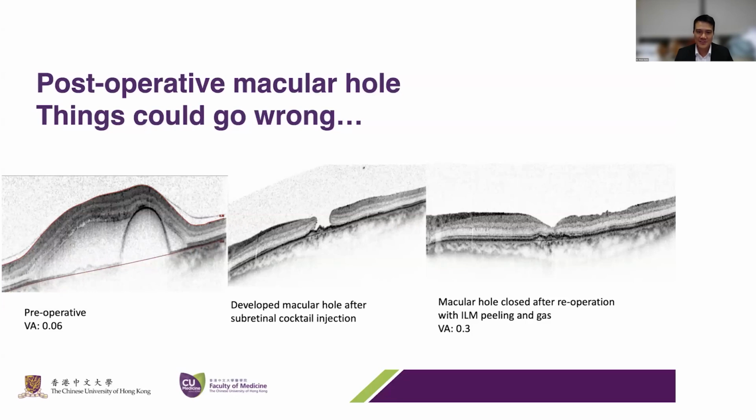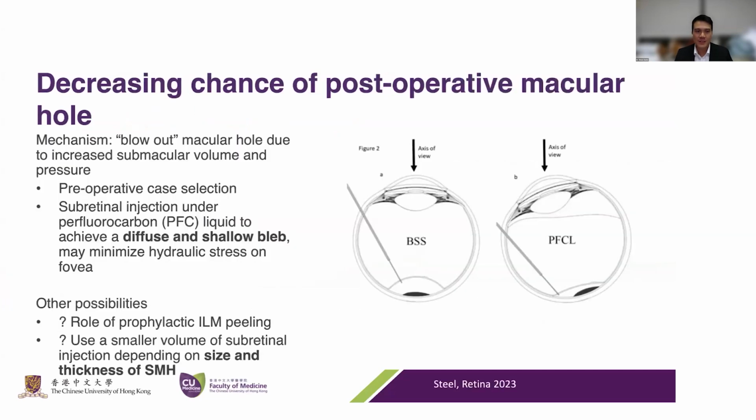After the subretinal injections, although we successfully displaced the submacular hemorrhage away from the fovea, a full thickness macular hole developed. Fortunately for this patient, the macular hole closed after reoperation with ILM peeling and gas, and the visual acuity improved to 0.3.